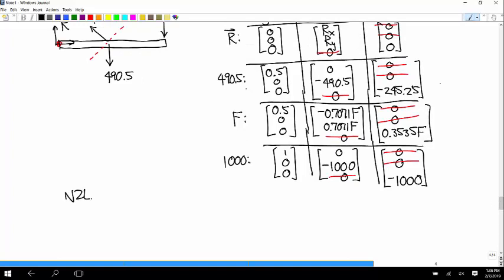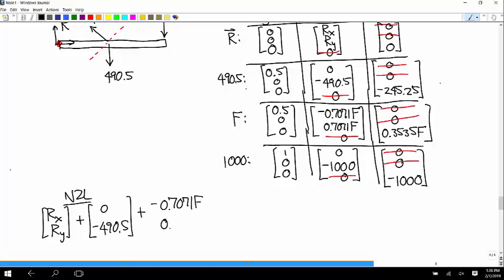So Newton's second law, add up all the forces in the force column. So we have Rx, Ry, plus 0, negative 490.5, plus negative 0.7071 F, positive 0.7071 F, plus 0, negative 1,000 is equal to zeros.